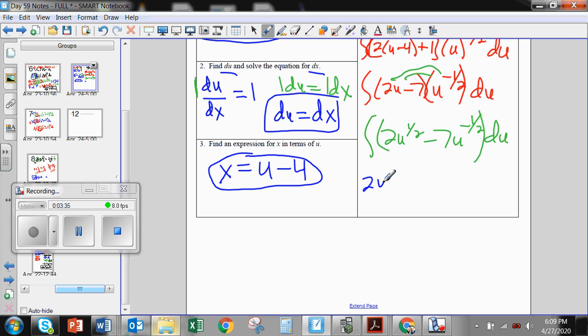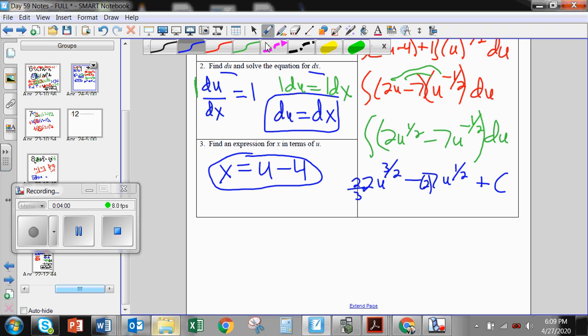So for this, 2u add 1, we get 3 halves, divide by 3 halves, which is the same as multiplying by 2/3, minus 7 add 1, which is going to give us positive 1 half, divide by 1 half, which is the same as multiplying by 2. I like to put it in front. You can do it either way. You can still write it as a fraction plus c.